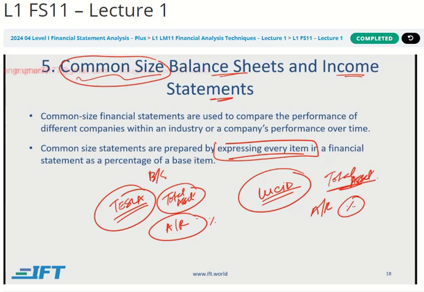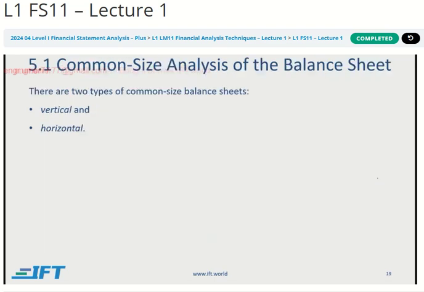So we get an understanding of how much credit or receivable each of those businesses has as a percentage of their respective revenues, right? So this is good. This can be done in a vertical way or in a horizontal way.